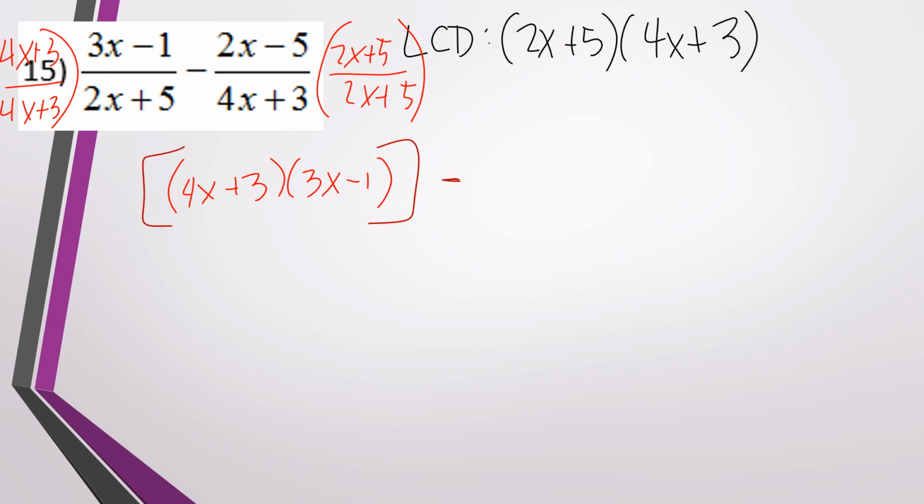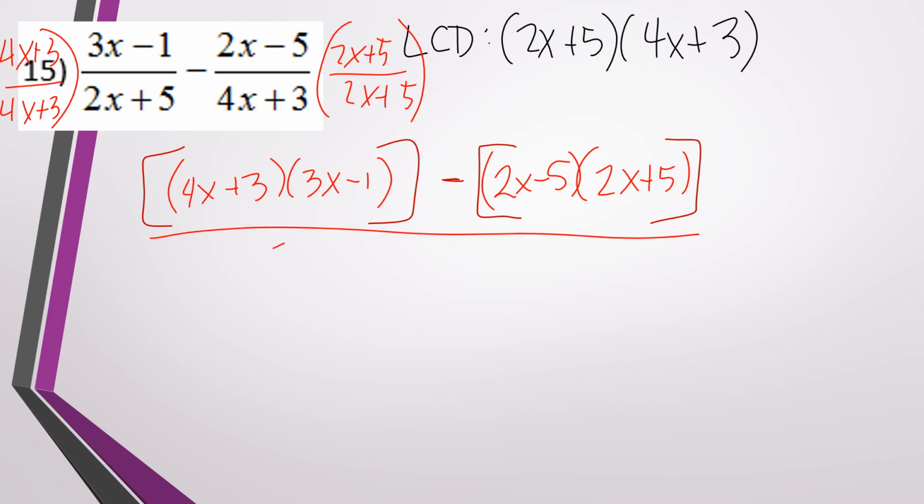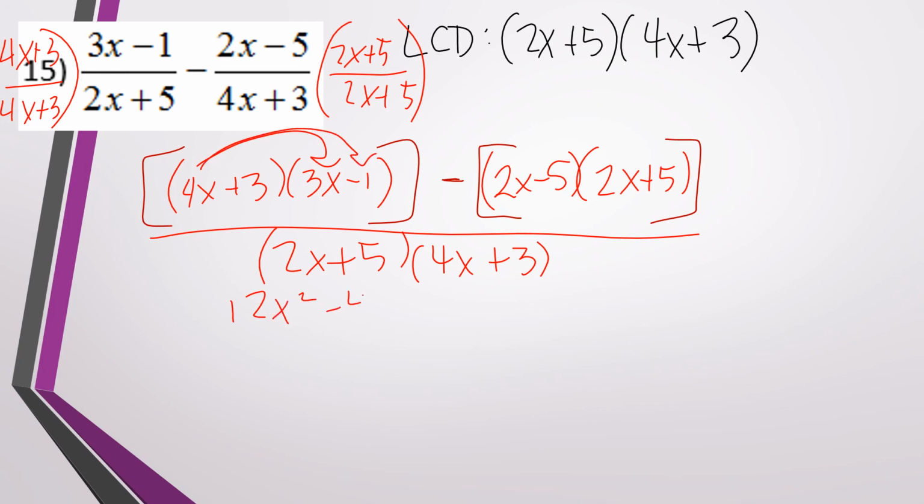And then I'm going to subtract. Now this is where it gets a little tricky, and be careful. 2x minus 5 times 2x plus 5, all over 2x plus 5 times 4x plus 3. Okay, so 4x times 3x would be 12x squared. 4x times negative 1 is negative 4x. 3 times 3x is positive 9x.